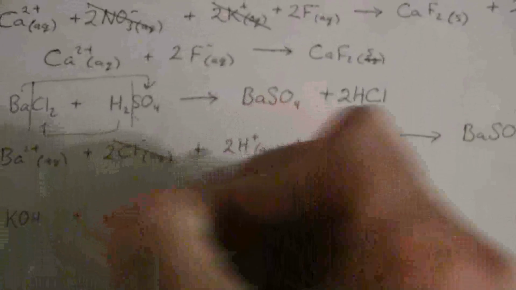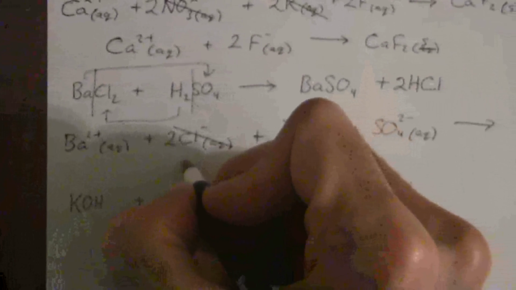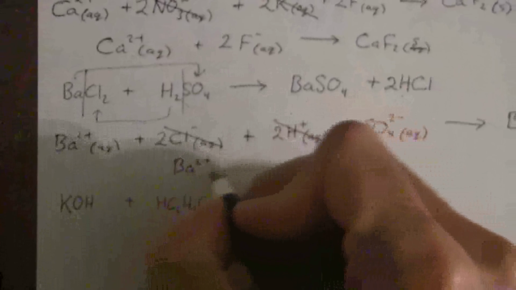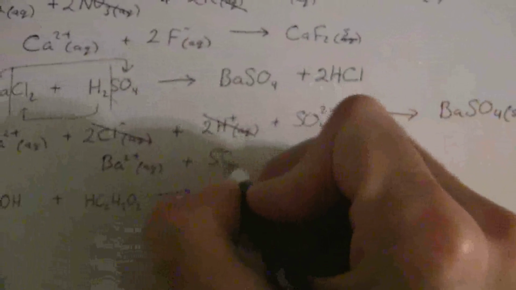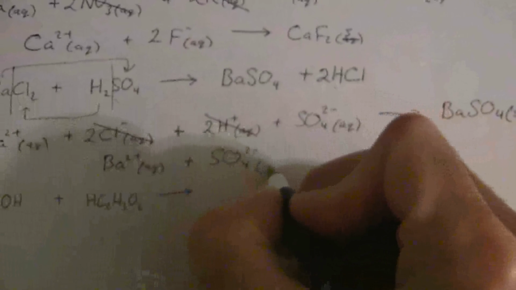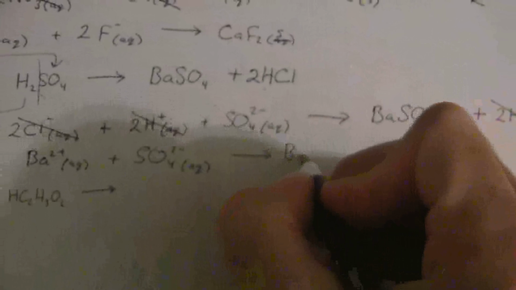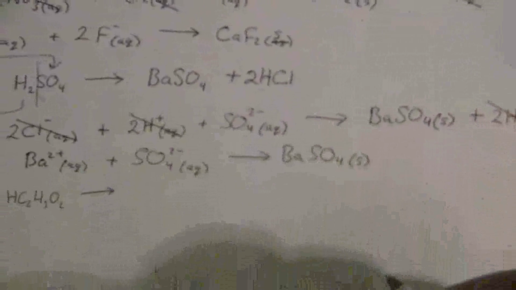And now we're going back and we're going to cancel those spectator ions. Right? And that will leave us with the net ionic equation: the barium ions plus the sulfate ions, aqueous, to produce the barium sulfate solid.